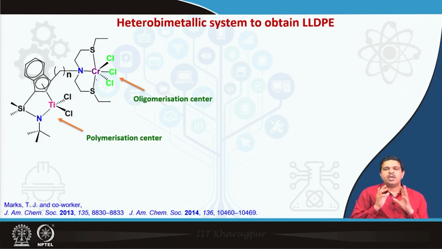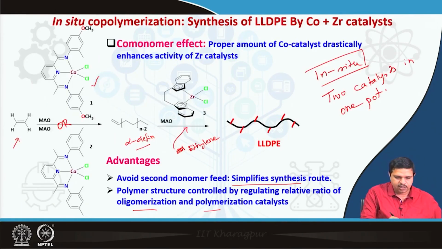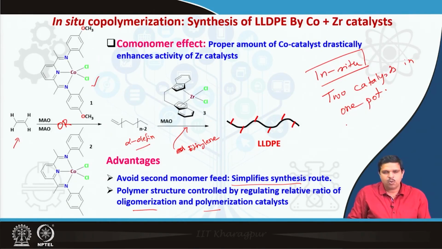Another very advanced development in this area uses the same catalysts but in a heterobimetallic center. Here one is a cobalt based catalyst, and you can even use a nickel based catalyst, and one is a zirconium or titanium based catalyst.